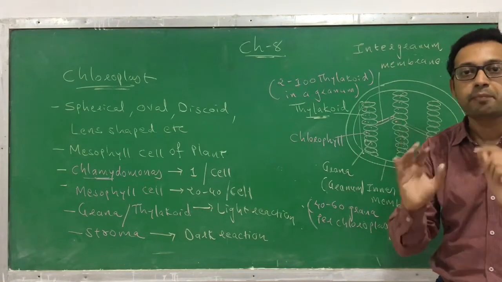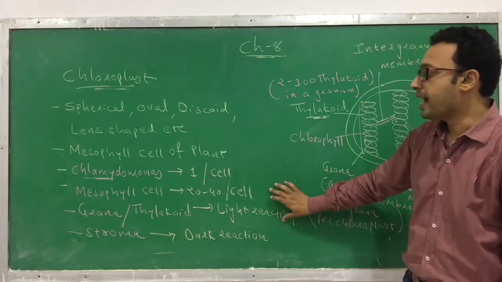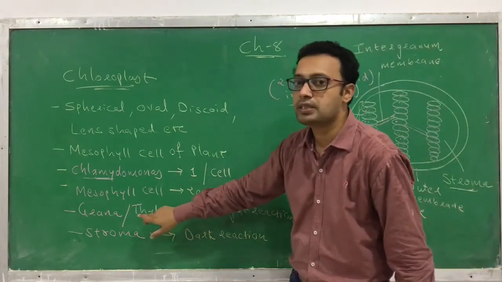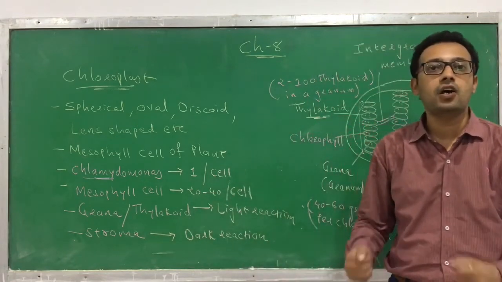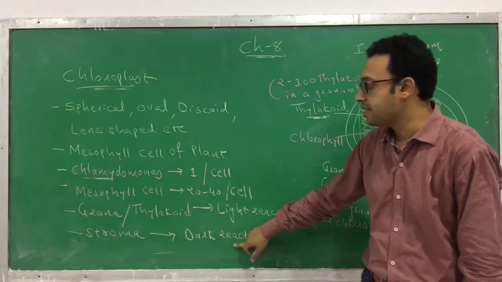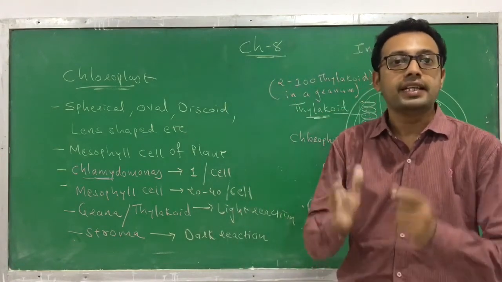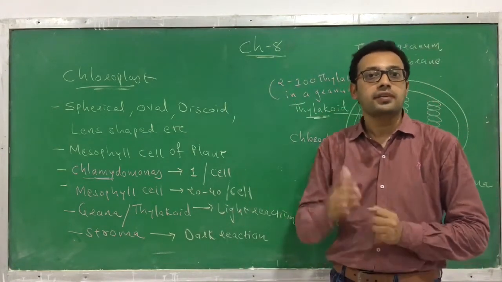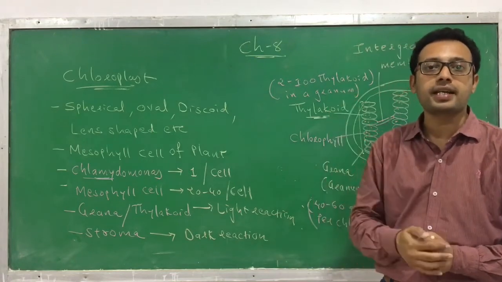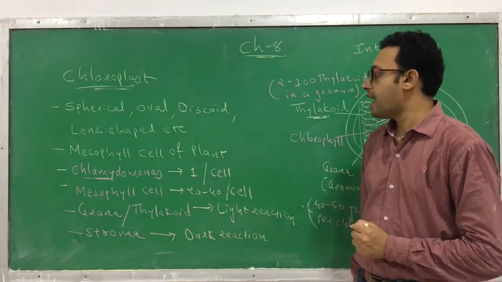So students, this is an important question. Where does the light reaction take place? Light reaction takes place in the grana or thylakoid. And where does the dark reaction take place? The dark reaction occurs in the stroma. Light reaction means a reaction of photosynthesis that occurs in the presence of sunlight. That's why we call it light reaction.